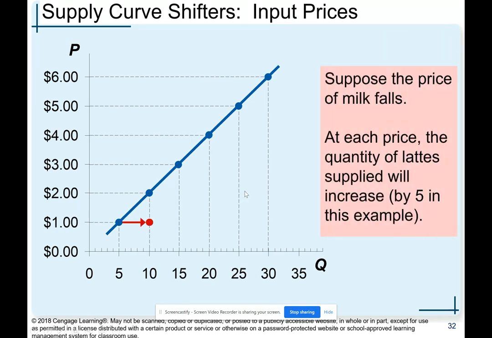You can demonstrate this on the graph. Suppose the price of milk falls. At each price, the quantity of lattes supplied will increase by 5 because milk is an input into the production of lattes. And so when the price of milk falls, more lattes will be supplied.